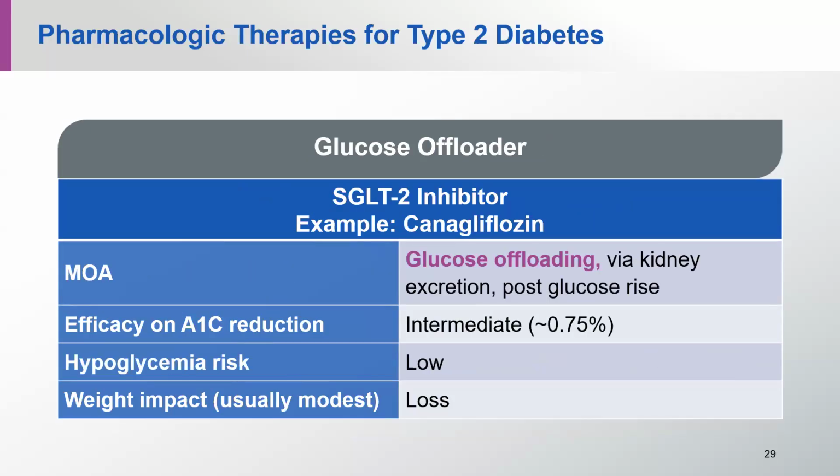Now, glucose offloader, and the example here is the drug class with the gliflozin suffix. So like canagliflozin is one of these. And mechanism of action, it causes glucose offloading via kidney excretion, post-glucose rise. Intermediate effect on A1C. Hypoglycemia risk is low.